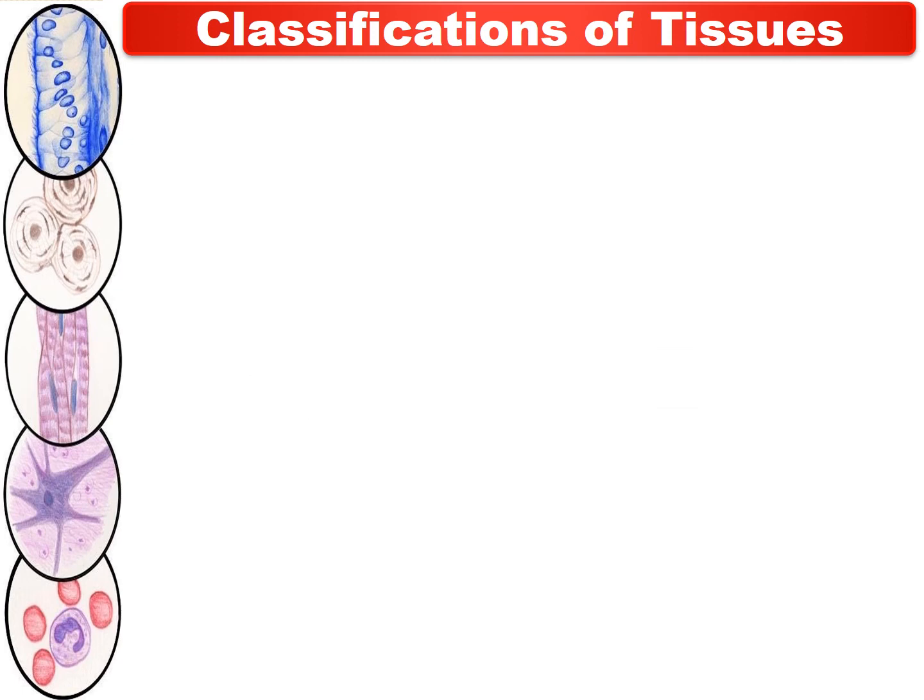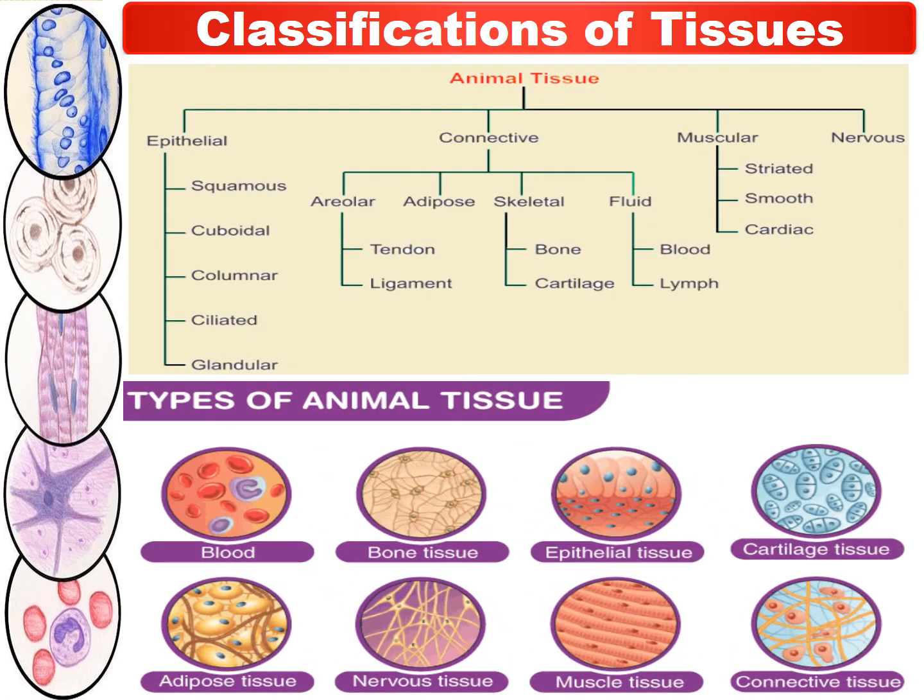Again, here I summarize these four classes of the tissues into the subcategories. Then these four tissue classes are divided into their respective subcategories. The first one is the epithelial tissues.